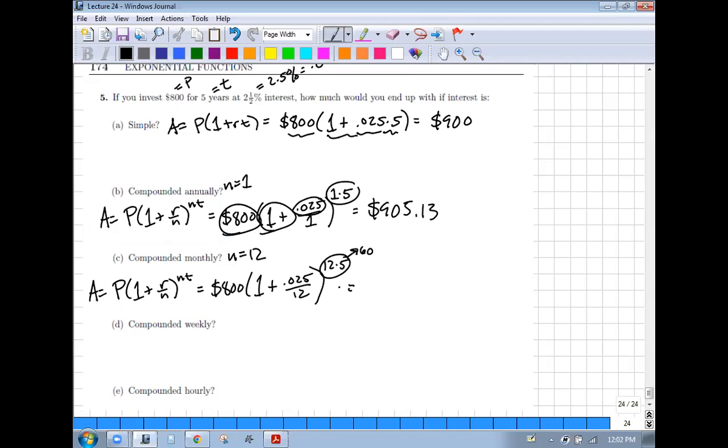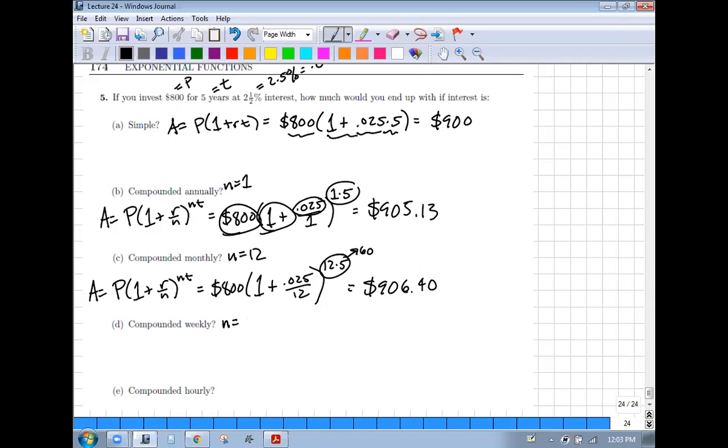I need to know that ahead of time. So I take my 0.025, divide by 12, add 1, raise this to the power of 60. Now multiply by 800. And I get $906.40. Got an extra $1 or so, right?